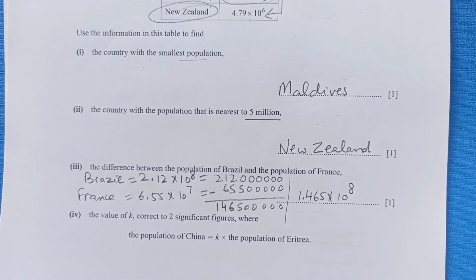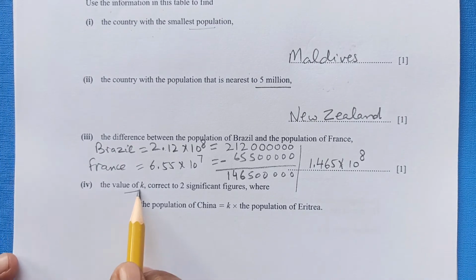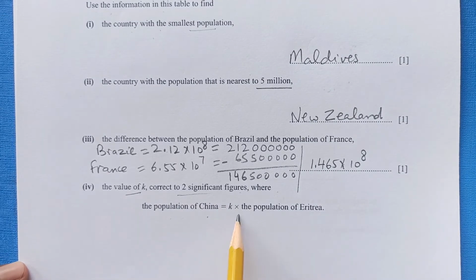Okay, now part 4, the value of k correct to two significant figures where population of China is equal to K times population of Eritrea.